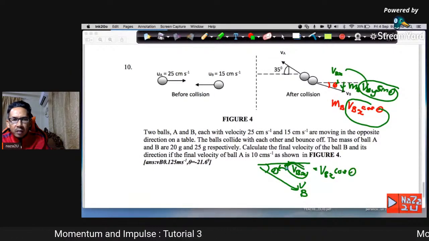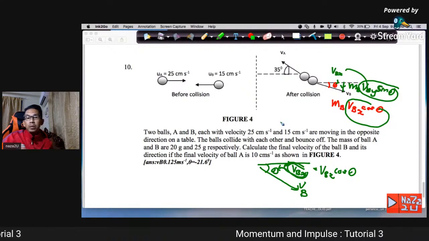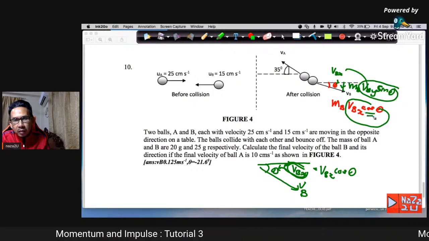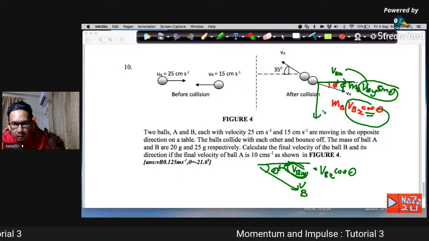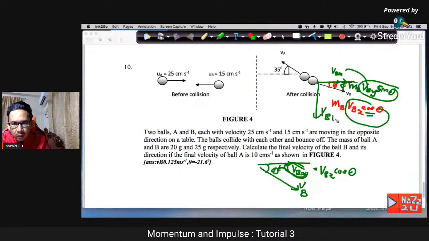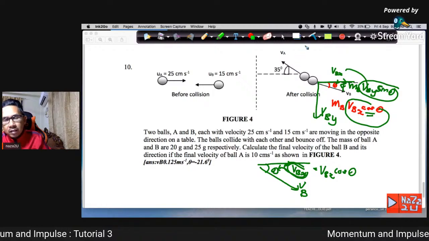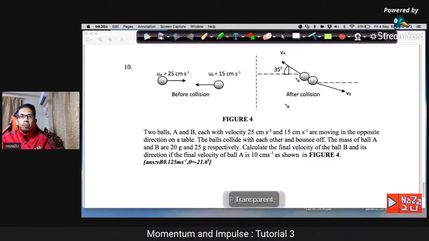Jadi kita ambil VBX sajalah dalam persamaan tadi. Itu mengapa sebenarnya VBX itu dah termasuk dengan cos theta tu, kerana kita nak cari VBX ni saja. Kita nak cari VBY ni saja. Itu yang kita tak masukkan tu. Dia sudah kira, patutnya sudah kira sekali. Itu maksud dia lah. Right?